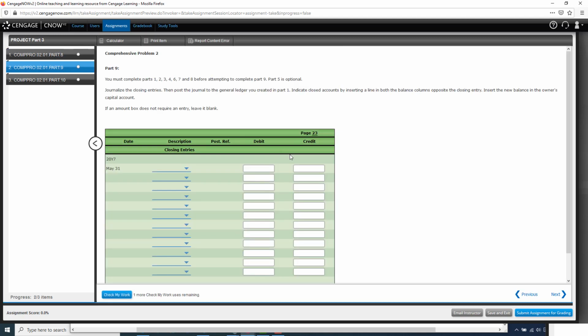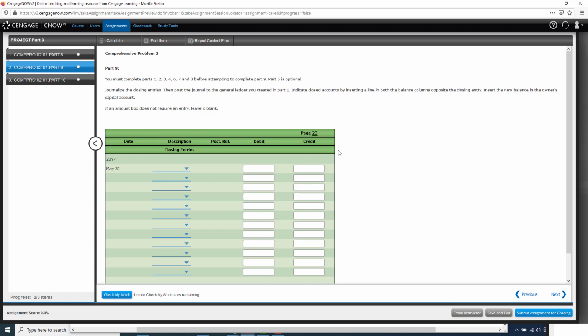What do you have to do here? This is the closing entries. All right, so you had the adjusted trial balance. We call that project part 1. You had journal entries. Well, first you were given accounts and balances, and then you had to do journal entries, and then you do the unadjusted trial balance.